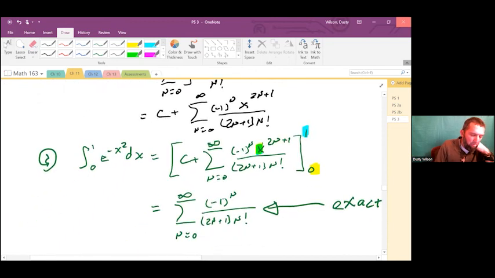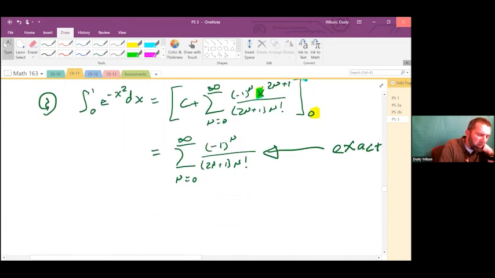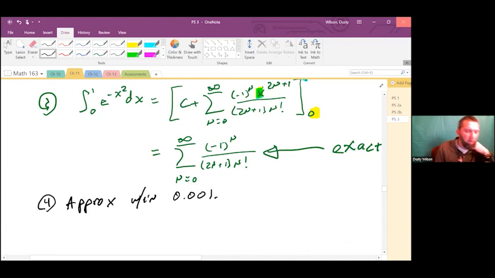Okay. There's actually a number of ways that you can do this. So we want to approximate within 0.001.